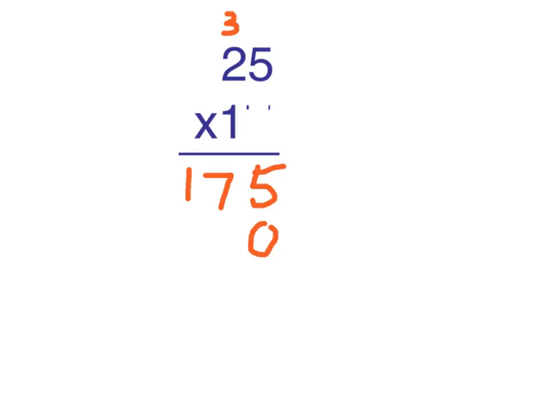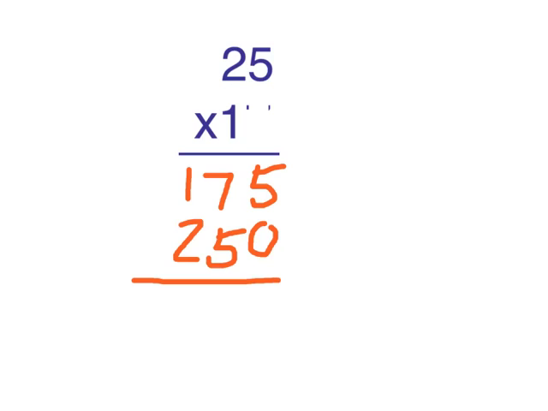Now we're going to do 1 times 5, which is 5. And I'm actually going to erase the 3 up here just so it doesn't confuse us. And 1 times 2 is 2.